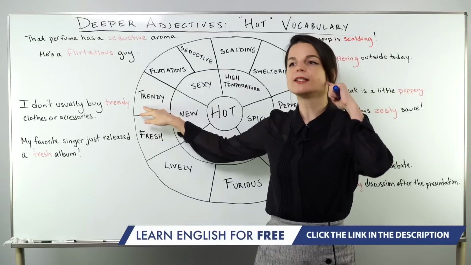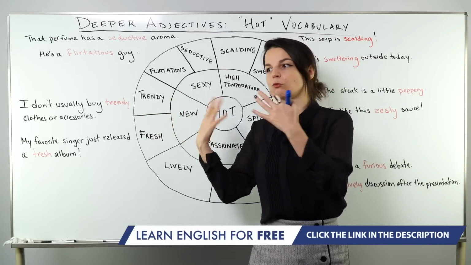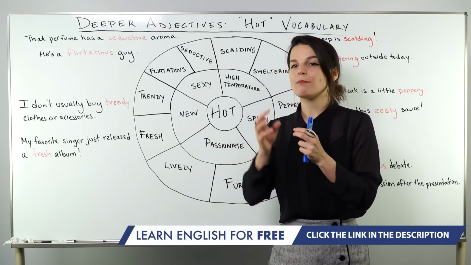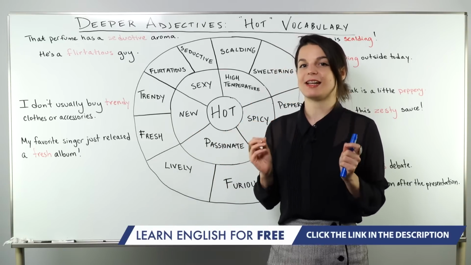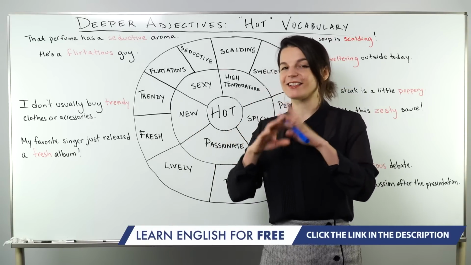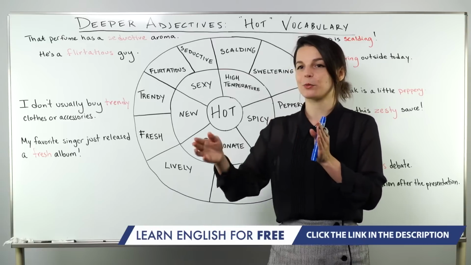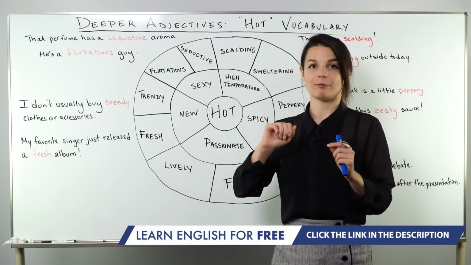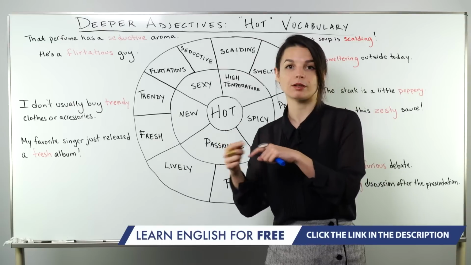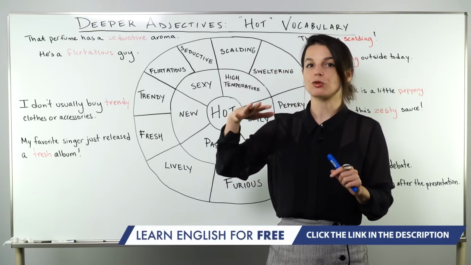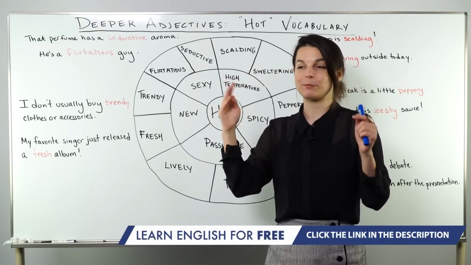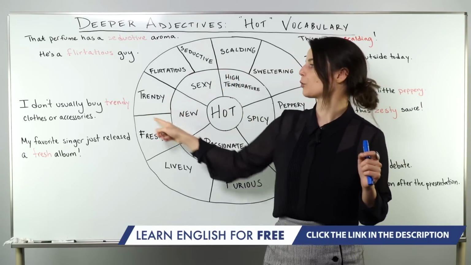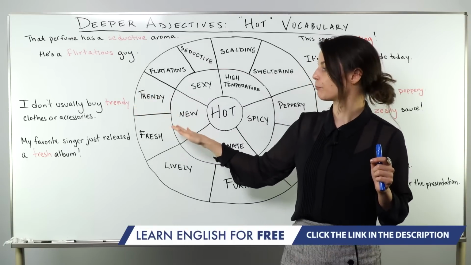So trendy means something that is recent, something that has come out recently, and that many people are interested in because it is a trend, like because companies or a group of people have said, oh, this is the item for this season, or this is the popular item right now. So it's a trend. Many people want it because it's popular now. It's the thing to buy now. So that's trendy inside new.